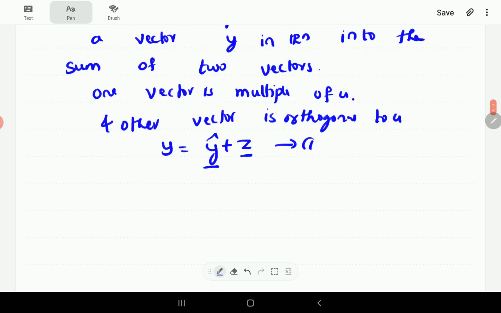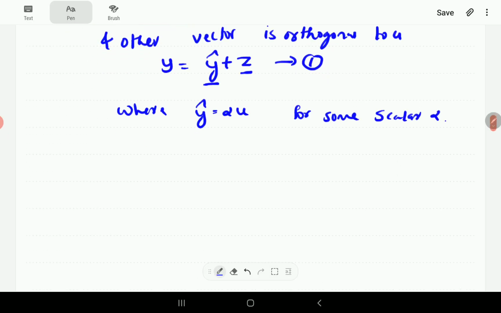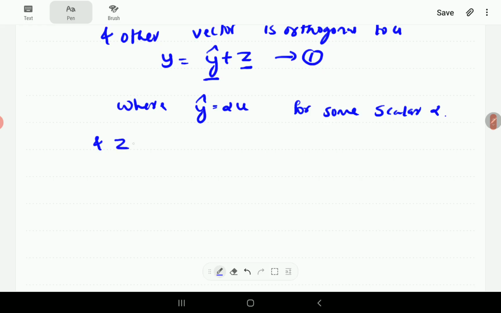Let me take this as equation 1. Here y cap is alpha times u for some scalar alpha, and z is the vector orthogonal to u.